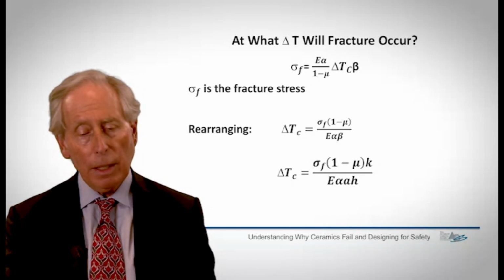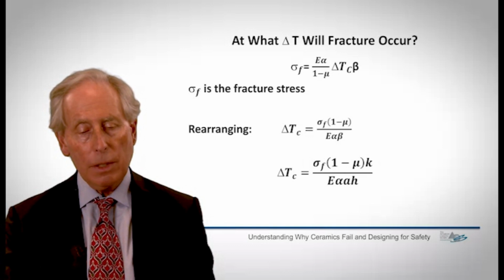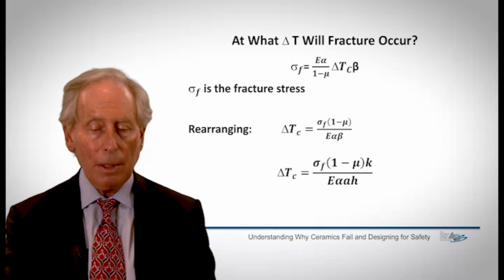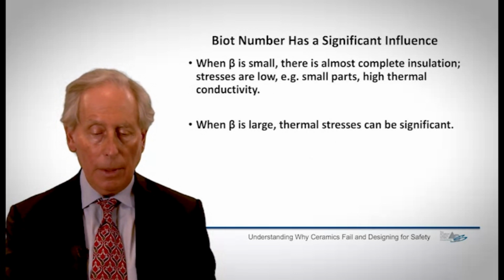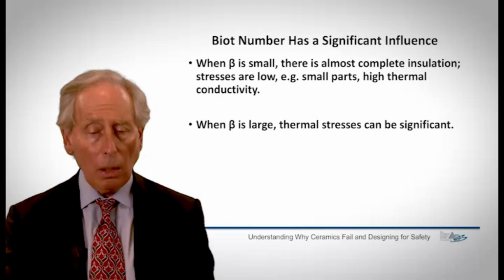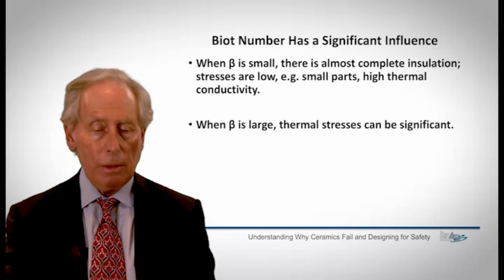So here's the real equation that I have to work with to understand the critical delta T. In other words, when am I likely to fracture apart due to rapidly cooling it? And just to go further on this then, that Biot number has such a significant influence. When it's small, there's almost complete insulation.